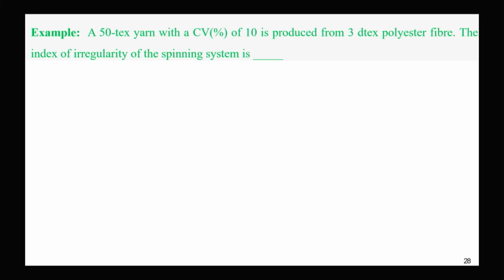Next: a 50 tex yarn with a CV% of 10 is produced from 3 decitex polyester fiber.